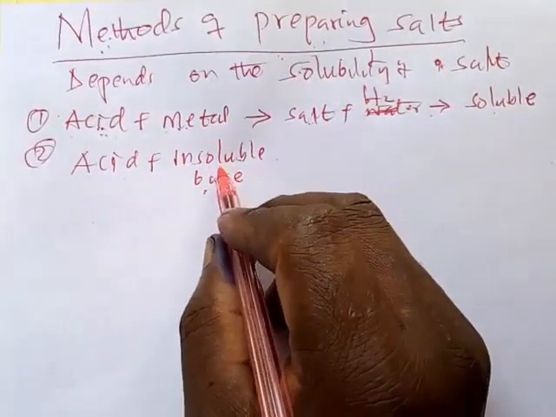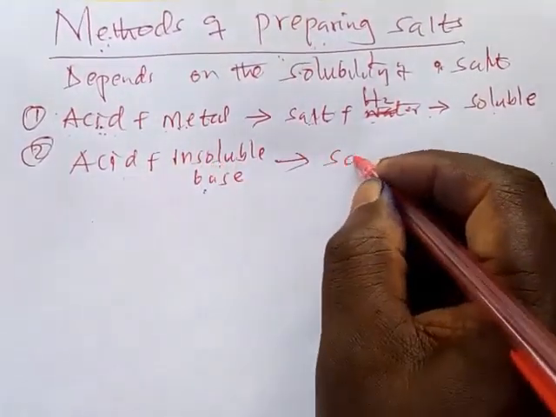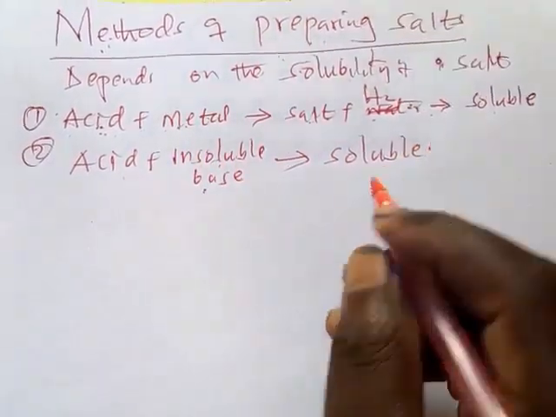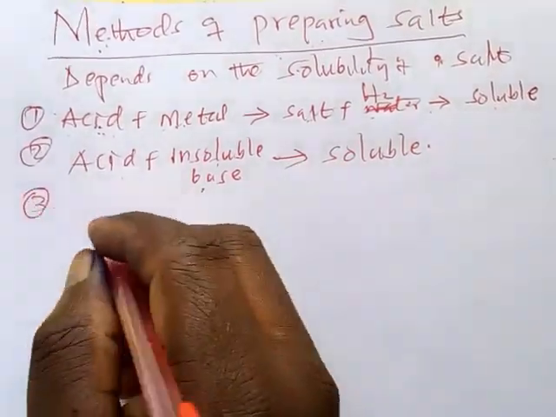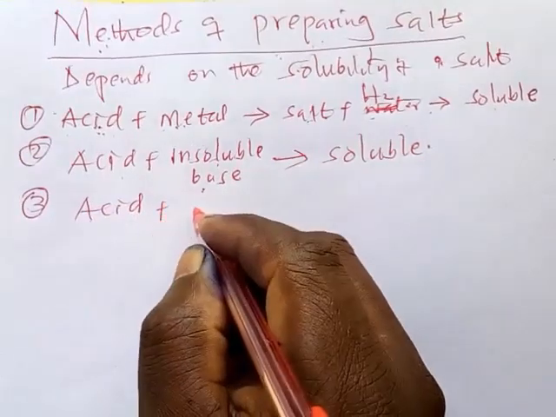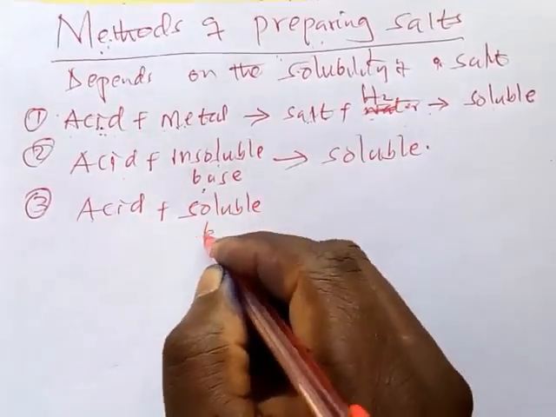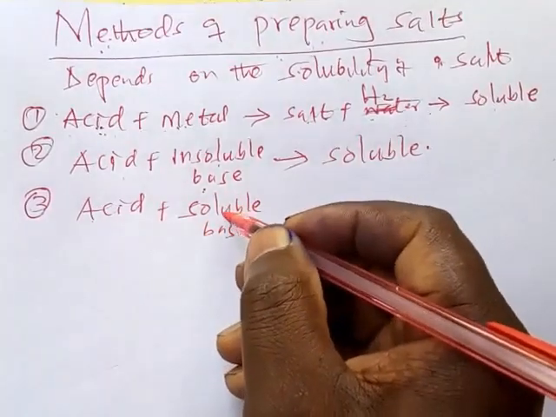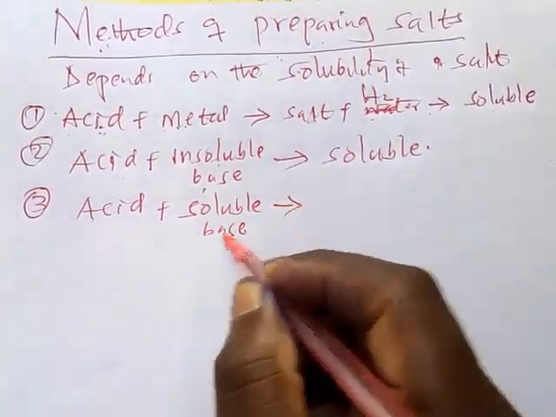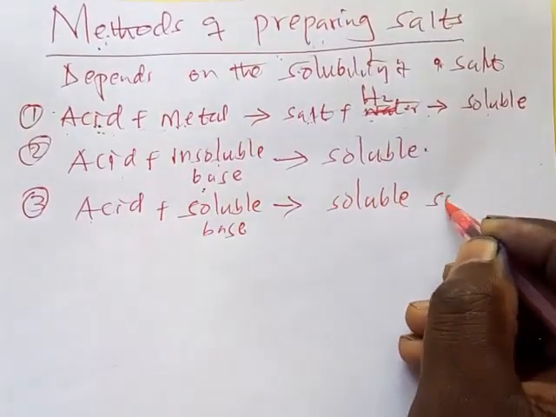So we will form salt plus water, and the salts formed here are soluble. Number 3, we are going to mention acid plus soluble bases. Soluble bases, mostly they are hydroxides, so they will give soluble salt.